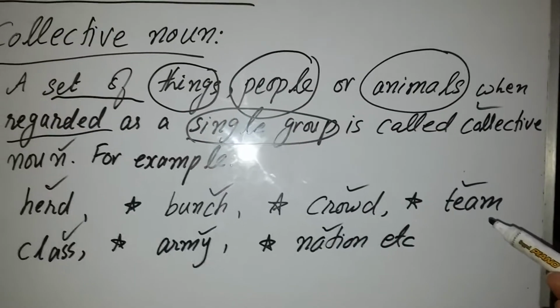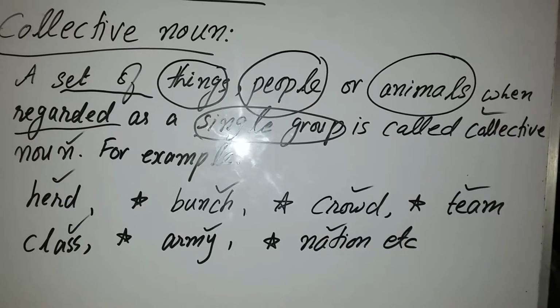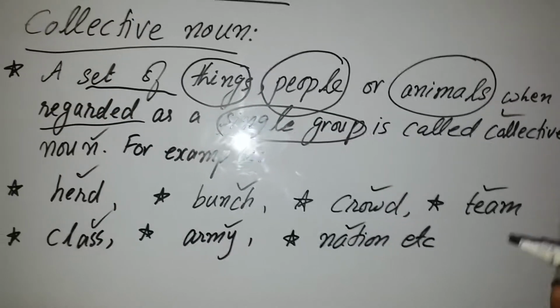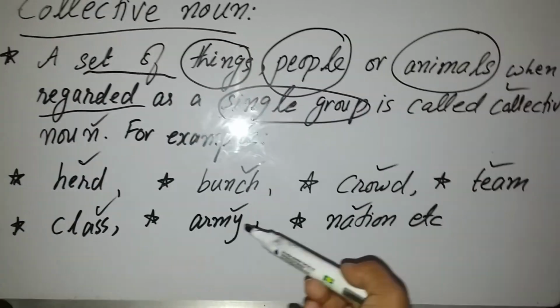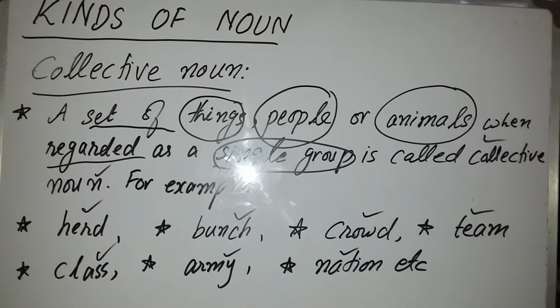Team is used for all those persons who work or play for one purpose, that is called a team. Class, army and nation, these are all called collective nouns.